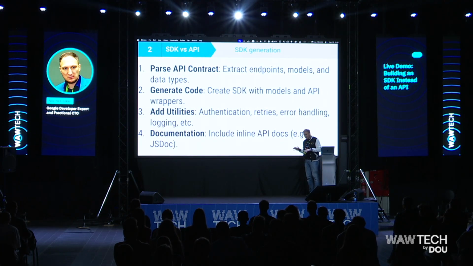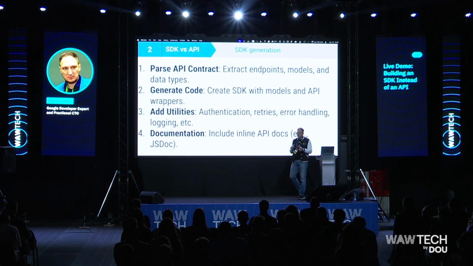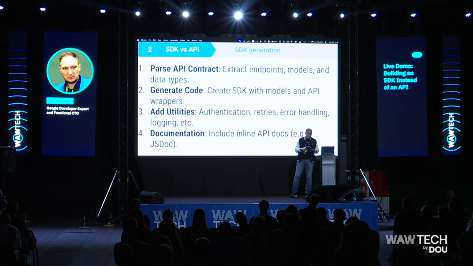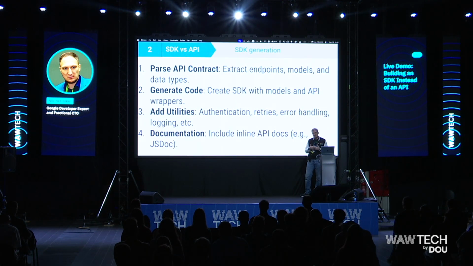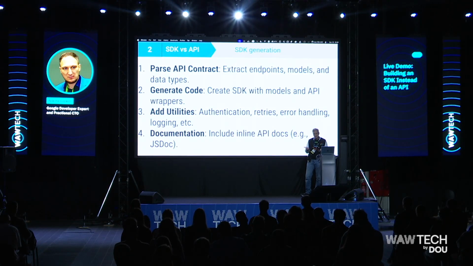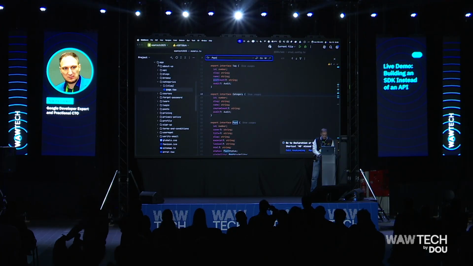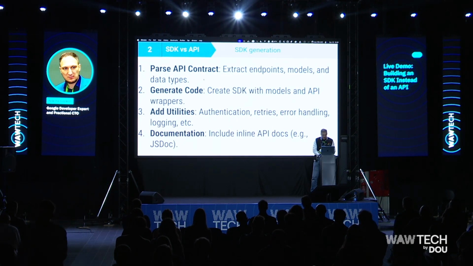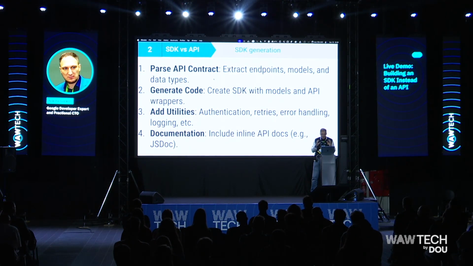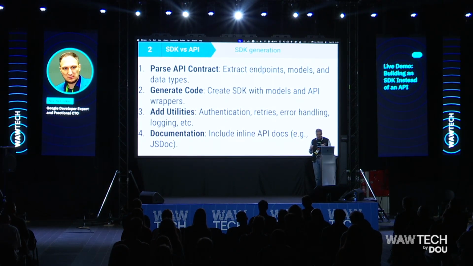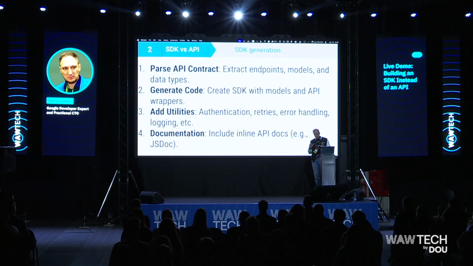Let's define the steps you typically take during SDK generation. First of all, you extract endpoint models and data types from the specification. And by specification, I mean not the YAML file, I mean the reusable part of it. Then you generate code. There is a very large number of tools on the market.